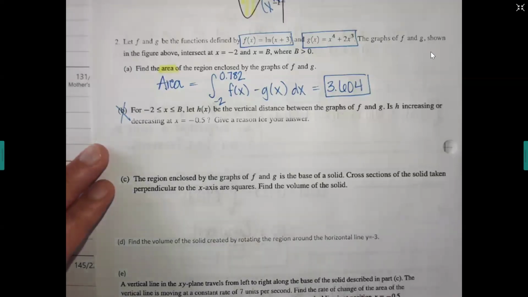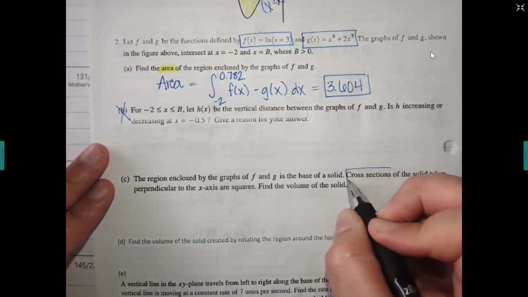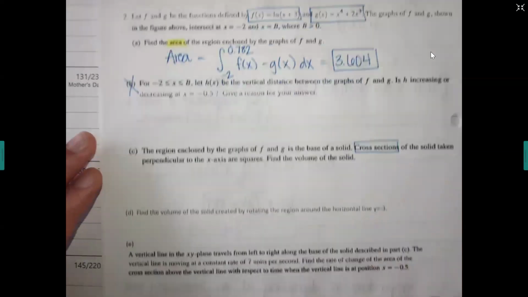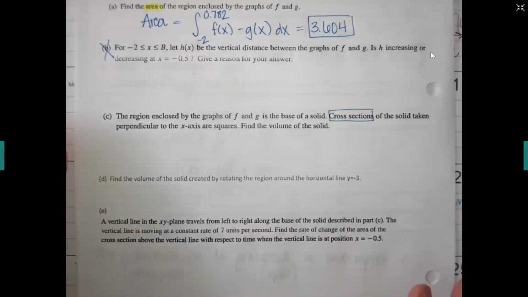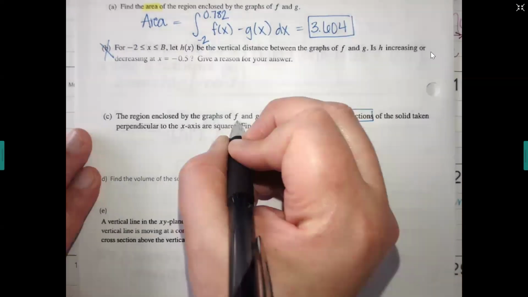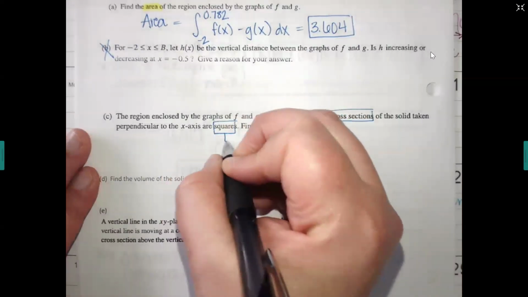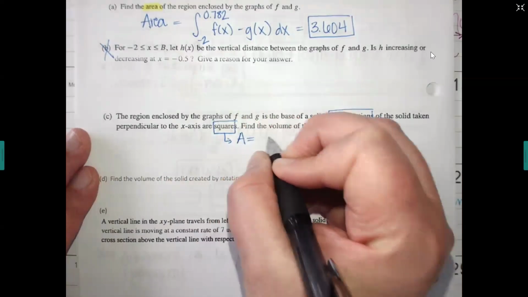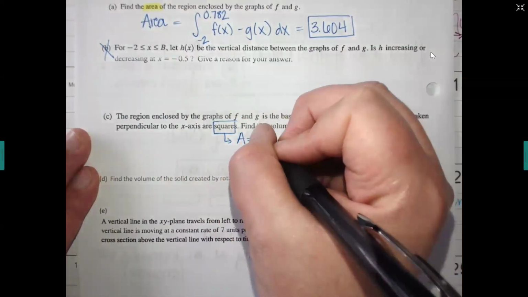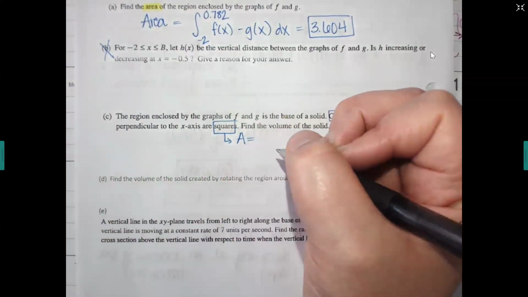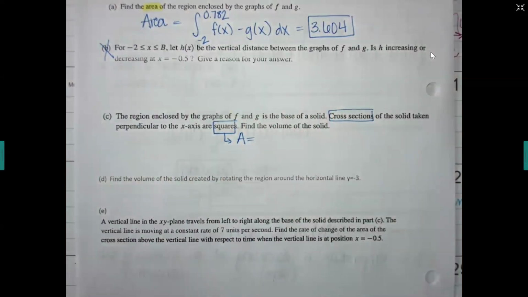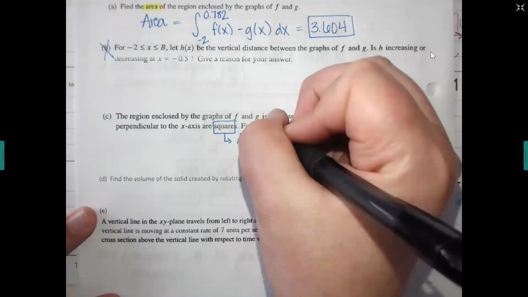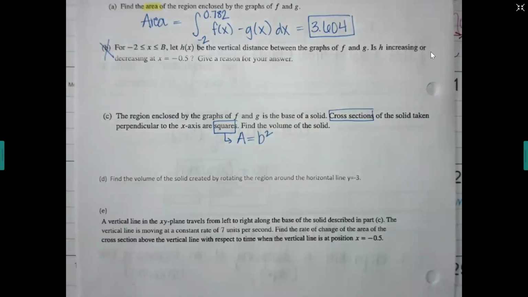Okay, for part C, what shape are my cross sections going to be? Okay, it says they're squares. How do I find the area of a square? Well, normally it's base times height, but because we know they're going to match, we can make it b squared. And then remember that your cross sections are going to be top minus bottom through that area.